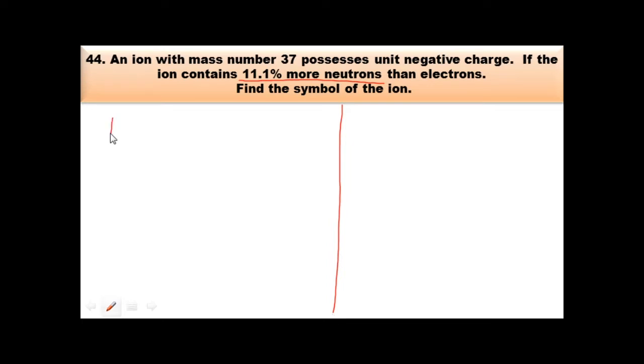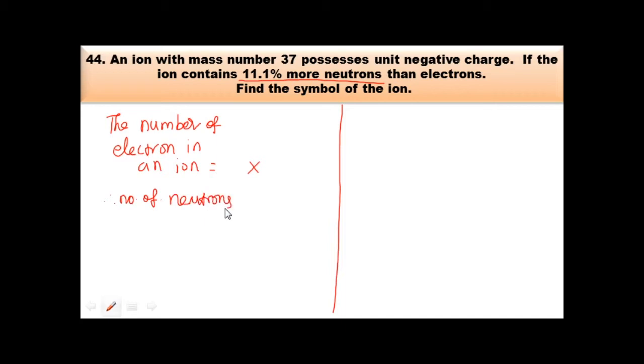So first, the number of electrons in an ion is taken as X. Therefore, the number of neutrons N equals X plus 11.1 divided by 100.